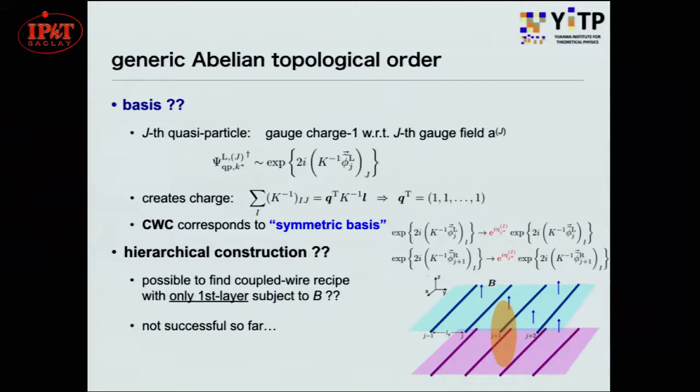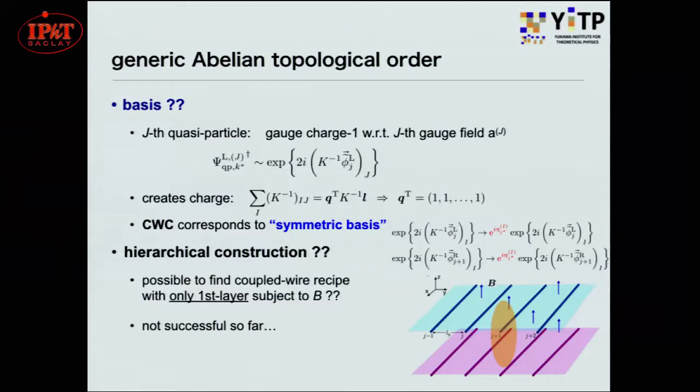But we know there are several basis choices for the K matrix formalism of the Chern-Simons gauge theory. So the next question to ask is: which basis? Actually, we can find the basis by this reasoning. Specifically, I start from a quasi-particle creation operator, which is given by this in terms of bosons.